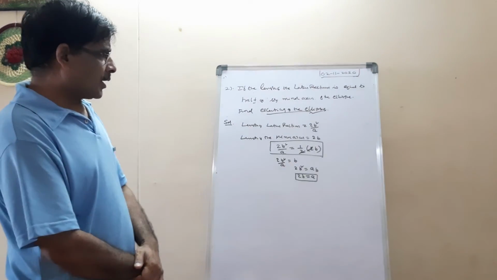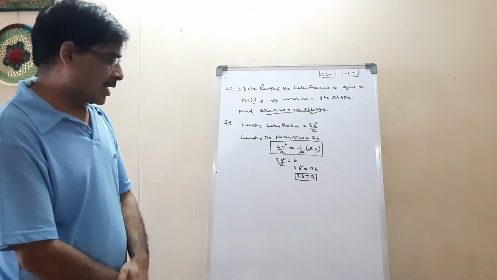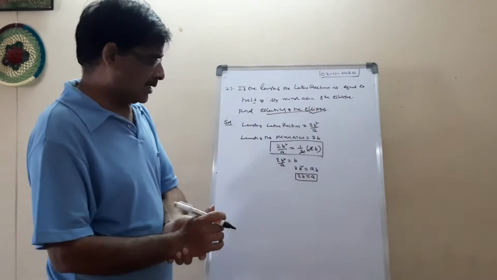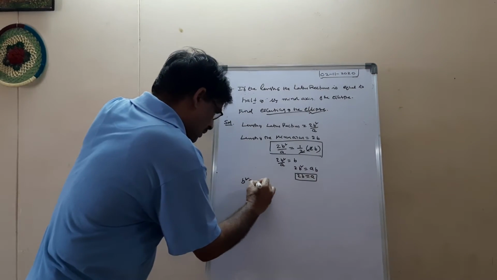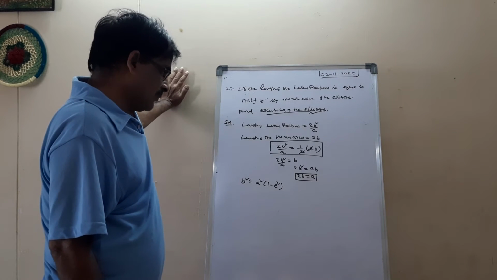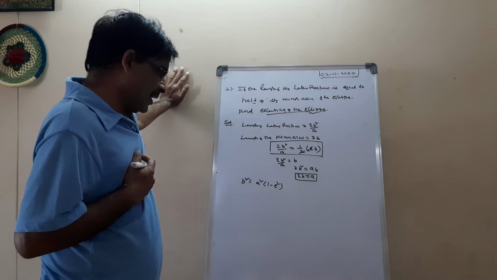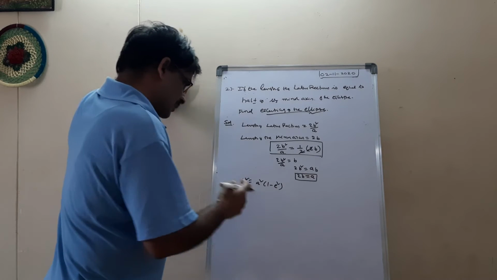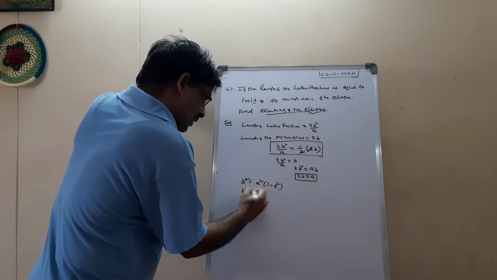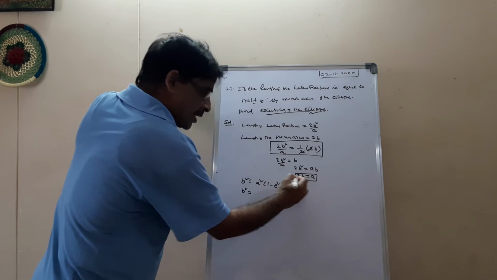Now we want the eccentricity. What is the relation between a, b and e? We know b square equal to a square into 1 minus e square. With this relation, we have to find e. How to find? What is the a value? a equal to 2b.